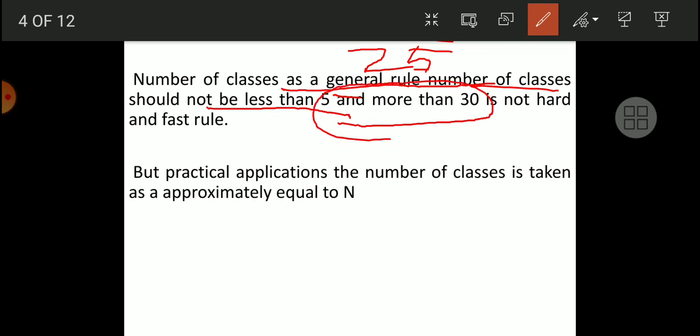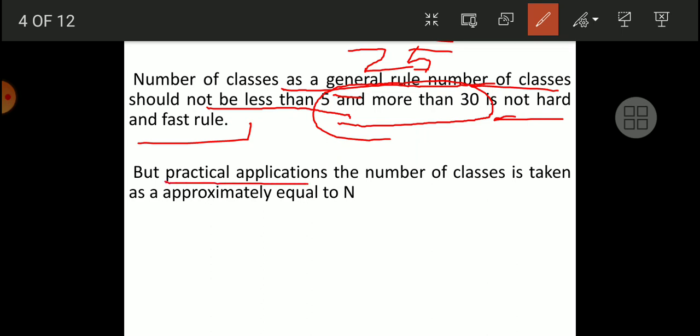So 5 to 30, but this is not a hard and fast rule. This was decided by an expert who was dealing with classifying the whole data into classes.